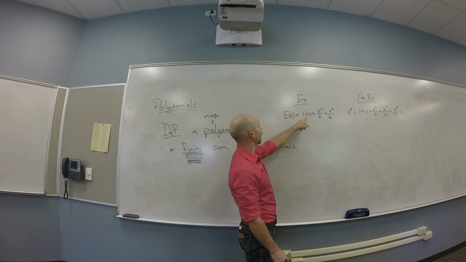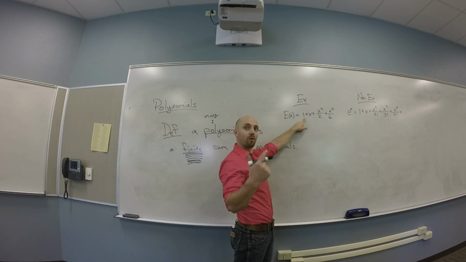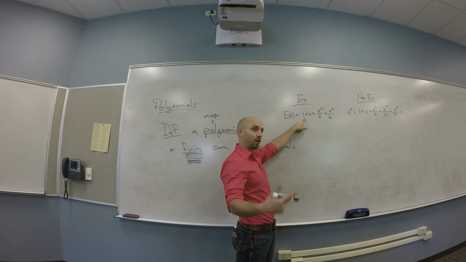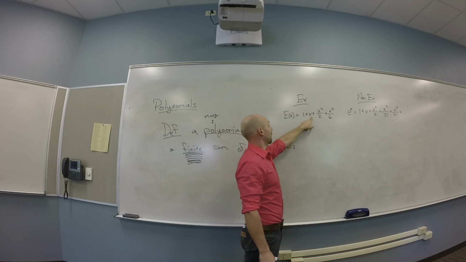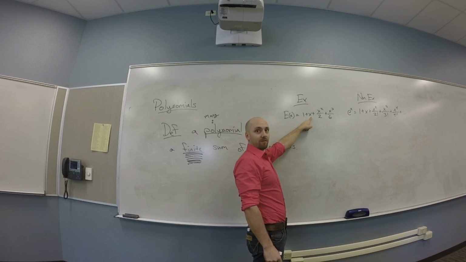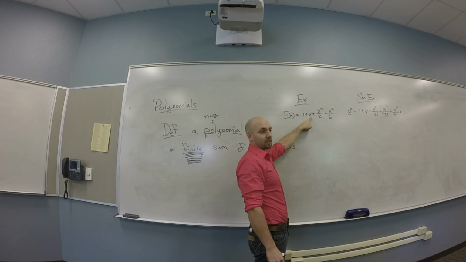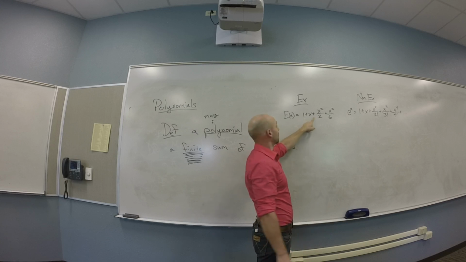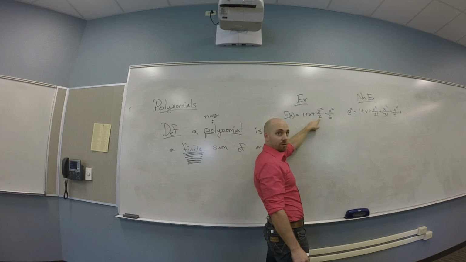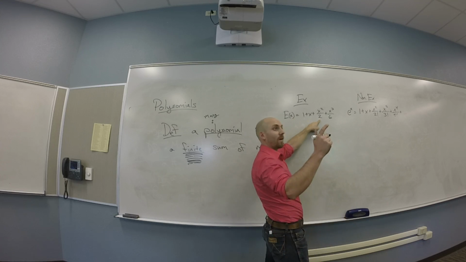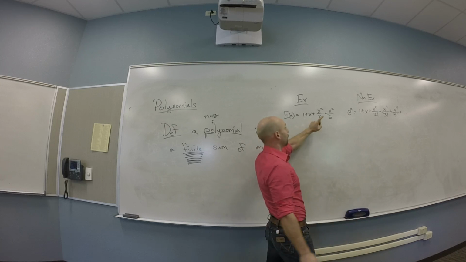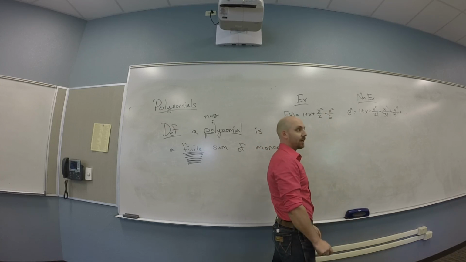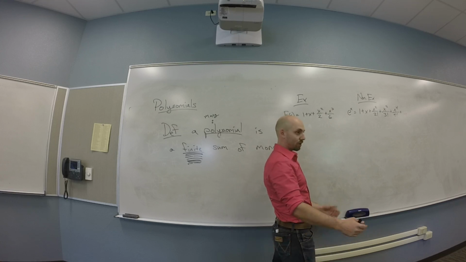With 1 here, do I have a number or a variable to a natural number power or a product of those? 1's a number. x is a variable to a natural number power, specifically 1. x squared over 2 is 1/2, which is a rational number, times x to a natural number power 2.